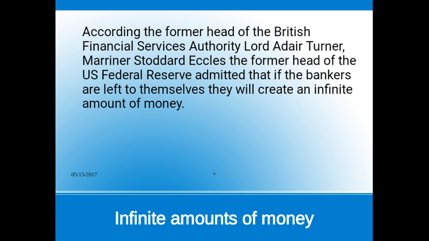He quoted a former head of the Fed, who admitted that if the bankers were left to themselves with no adequate supervision, they would create an infinite amount of money, because the more money they create, the more interest they can make, the more influence they can have.